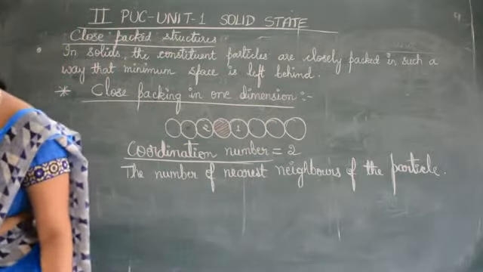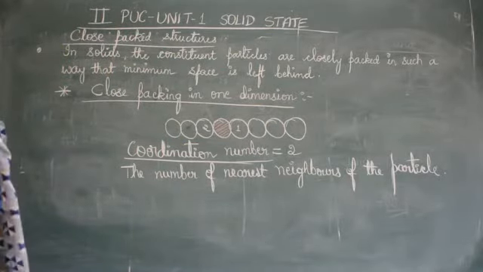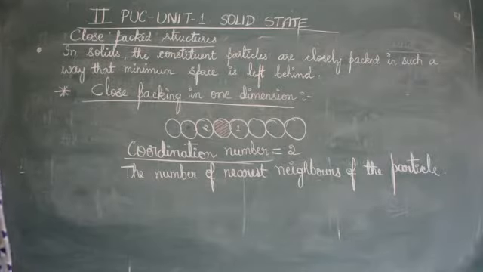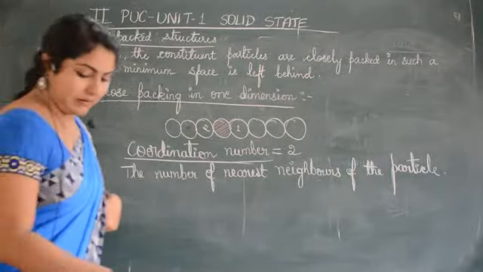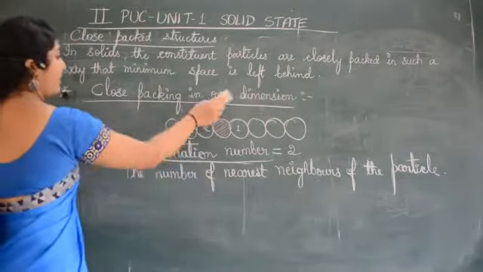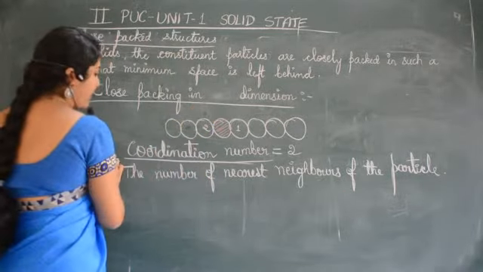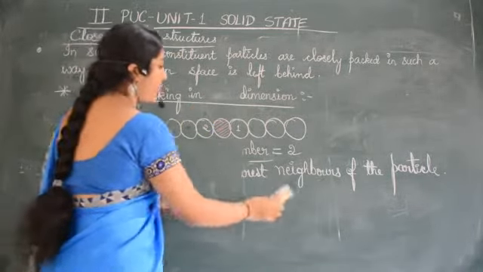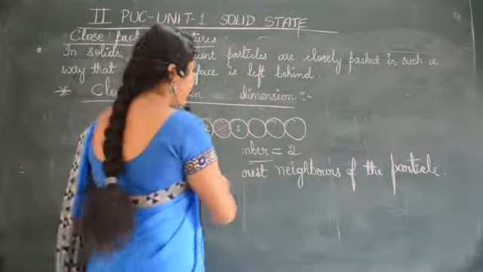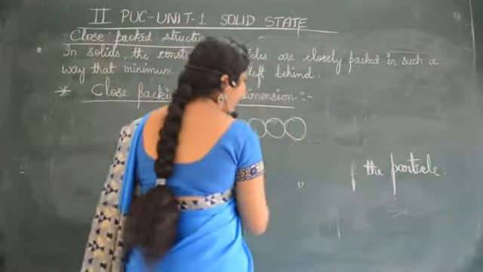Hope you have understood what is it about the close packing in 1 dimension. Now let us see in 2 dimension. Close packing in 2 dimension. Please do note the coordination number here. It's very important, as well as the definition for the coordination number.